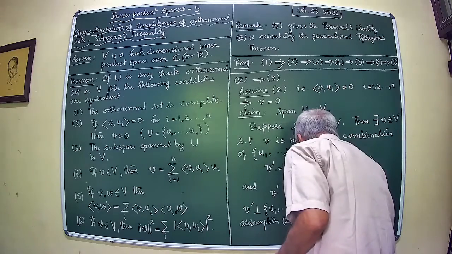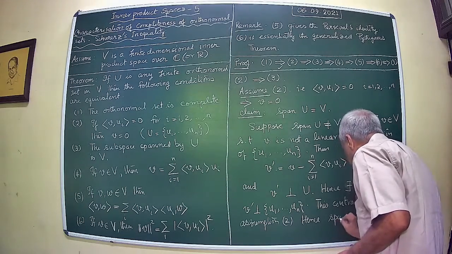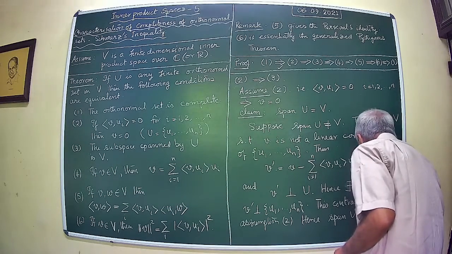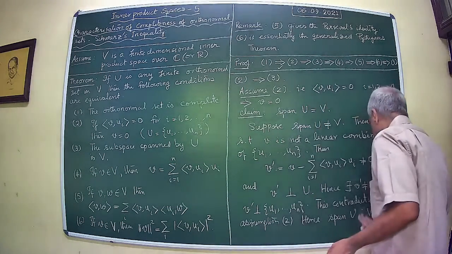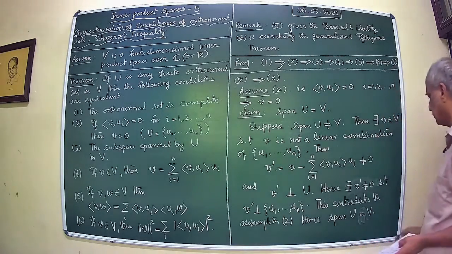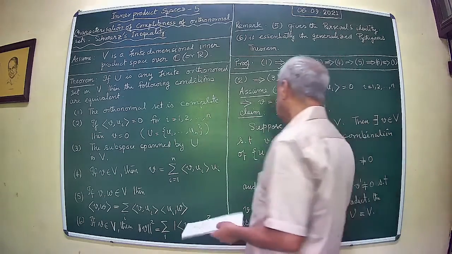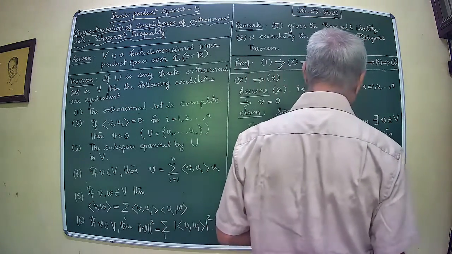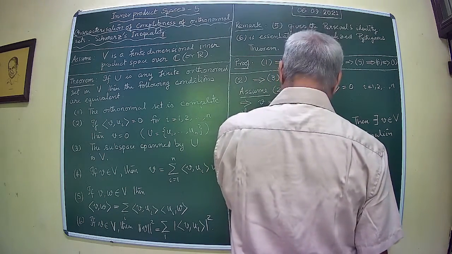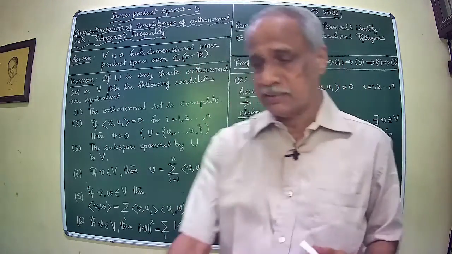Hence, the span of U is equal to V. So that completes the proof of 2 implies 3.